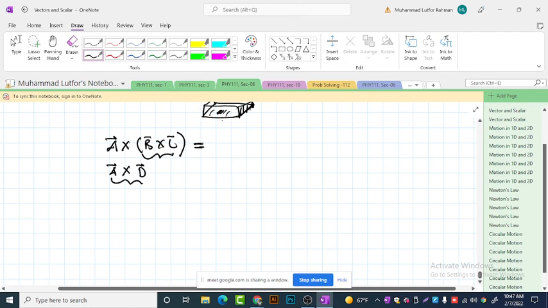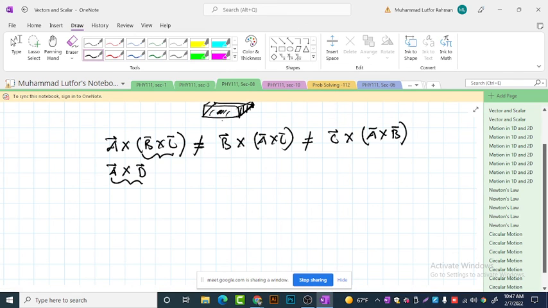So a cross b cross c equal to b cross a cross c is not going to be equal. That will be different. Or not equal to c cross a cross b. Why would it not be equal? Because its direction will be different. If you change the direction of a vector, definitely the vector is also going to change, right? The vector will change if you change the magnitude as well as if you change the direction, or if you only change the magnitude or only the direction. In both cases, the vector is going to change. So that's why these quantities are not equal.